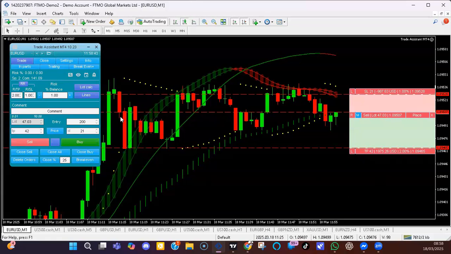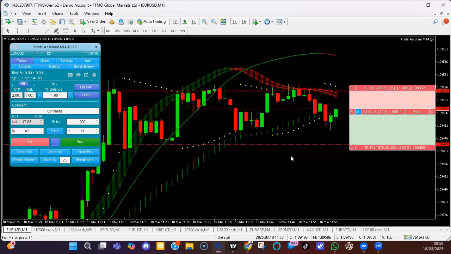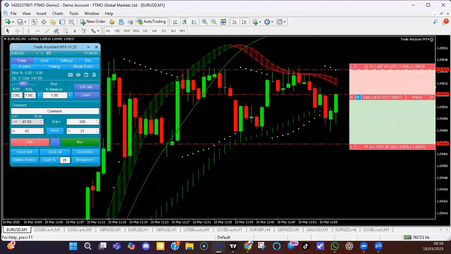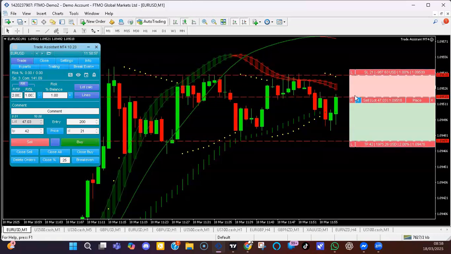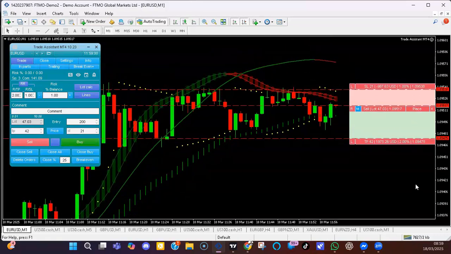But all I'm seeing really is more of the same, although it looked promising. Flattered to deceive. And the action is more of a sideways action than a trending action, which is what we want. And indeed, the wave has turned green again.